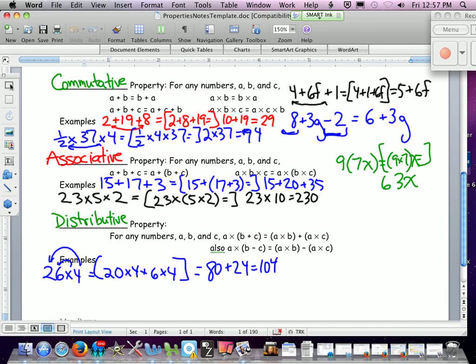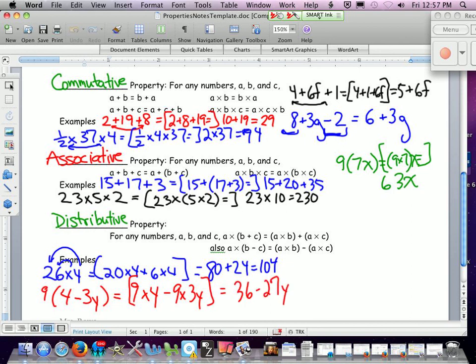If I had 9 times 4 minus 3y, I can do the 9 times the 4, minus the 9 times the 3y. It becomes 36 minus 27y. So we'll deal with this a bit more on Monday.